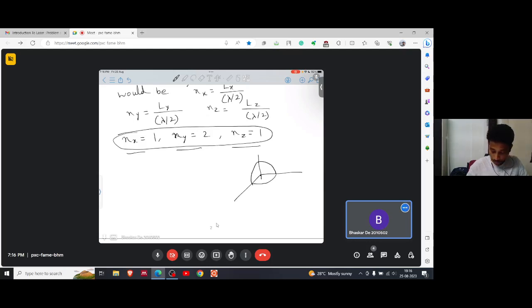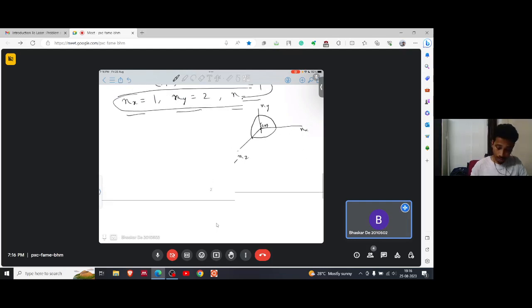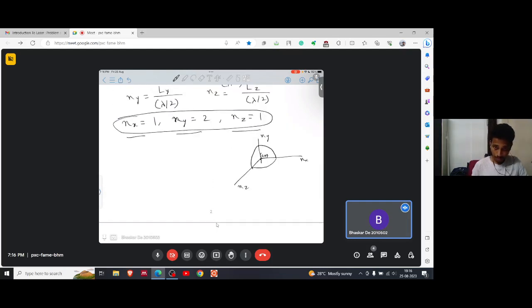Where the origin will be 0 0 0, and this is nx, nz and this is ny. So in order to have the total number of modes, we need to calculate the volume of this ellipsoid.